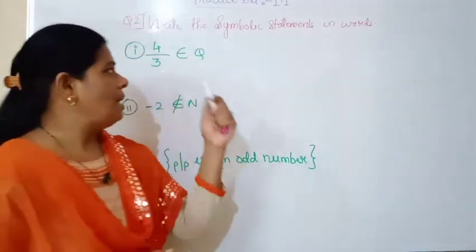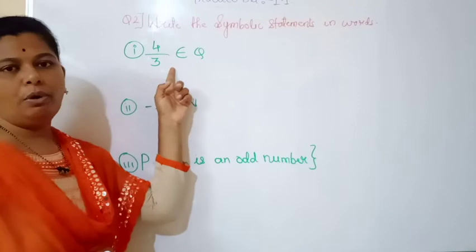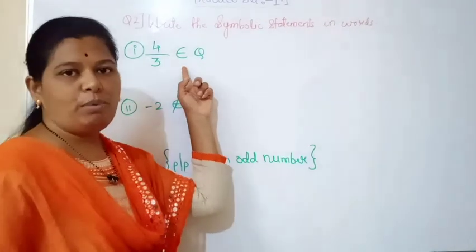The first question is 4/3 belongs to Q. This symbol means belongs to.